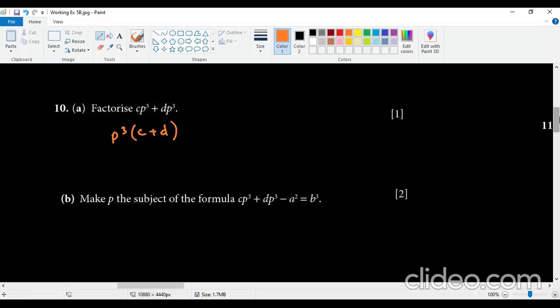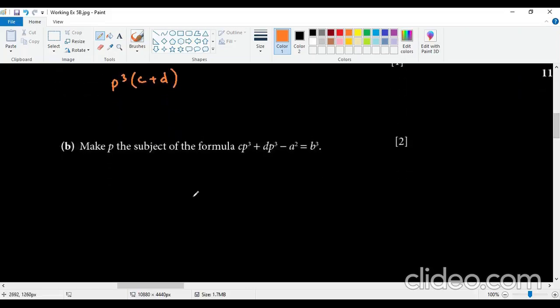Now making p the subject of this formula, in here what I am going to do is cp cubed plus dp cubed is going to be equal to a squared plus b cubed. Now p cubed is common in both of them, so c plus d is to be in the bracket, equals a squared plus b cubed.